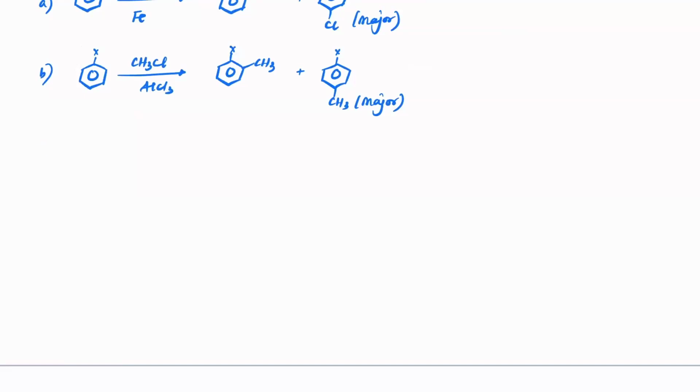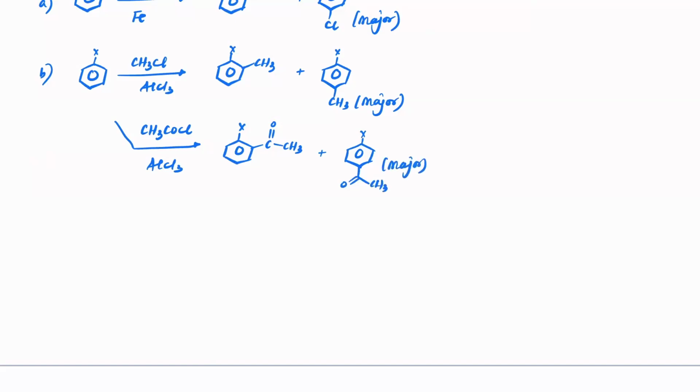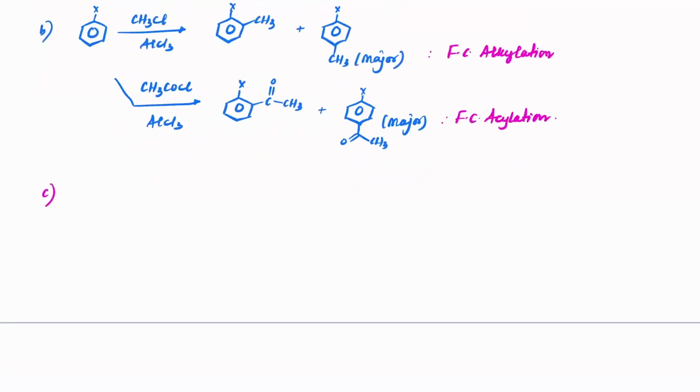Same thing, if you have CH3COCl in the presence of AlCl3, this is Friedel-Crafts acylation, X and C double bond O CH3, this is the ortho product, and X with C double bond O CH3, this is major. So this is Friedel-Crafts alkylation, and this is Friedel-Crafts acylation. Okay, see the next reaction.